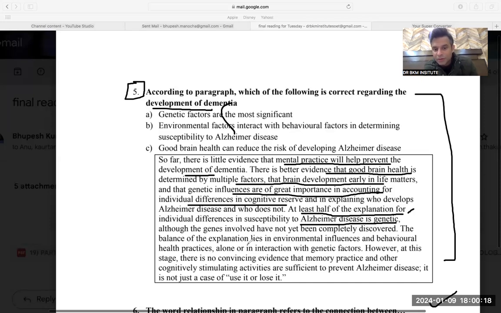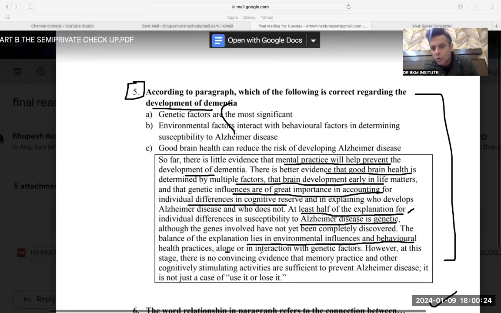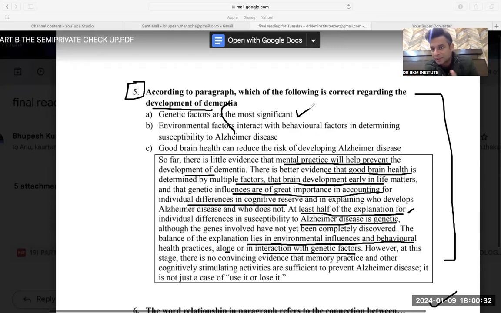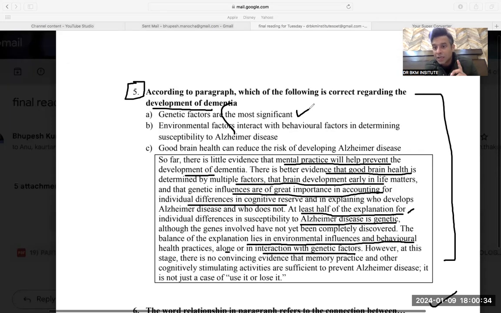Then they were talking about the balance of the explanation lying in environmental factors and behavioral factors alone, or in interaction with the genetic factors. Again, this means genetic factors are the most significant factors. This comes as a probable answer. Now the confusion happens in option B, that environmental factors interact with behavioral factors. Now how to do this?